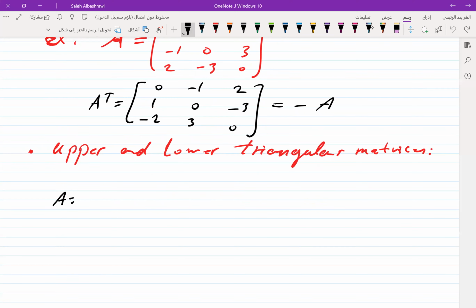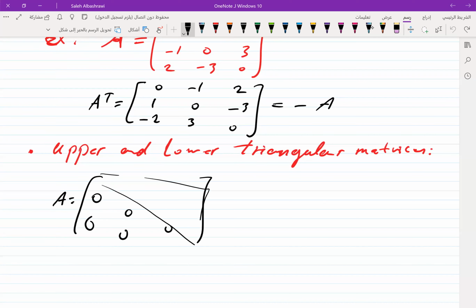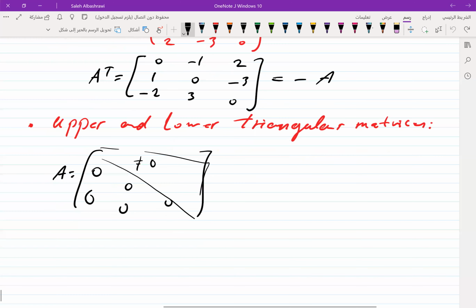The matrix A is called upper triangular if all the elements above the main diagonal are non-zero, but the elements under the main diagonal are 0. If we have this form where the main diagonal and all the elements above it are non-zero, we call it upper triangular.